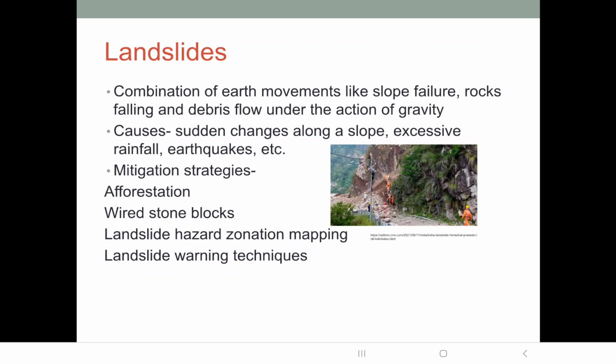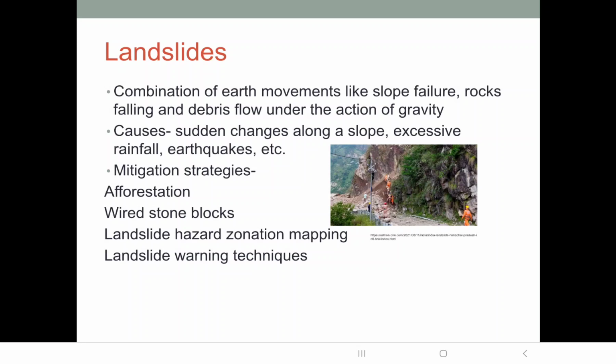You can see many people in Uttarakhand and Himachal try to construct settlements on the slopes, and therefore what will happen? The soil over there will not be able to hold these structures after a particular time.